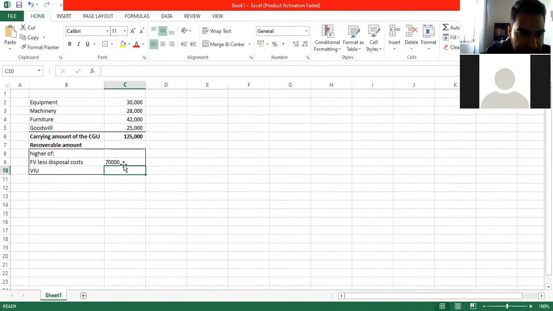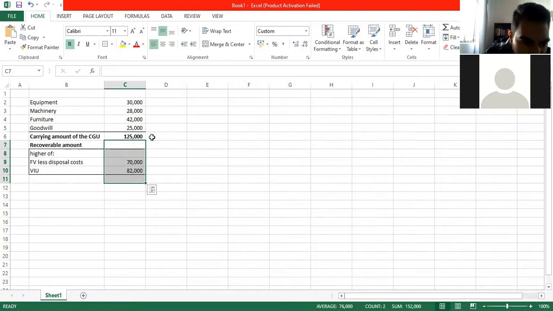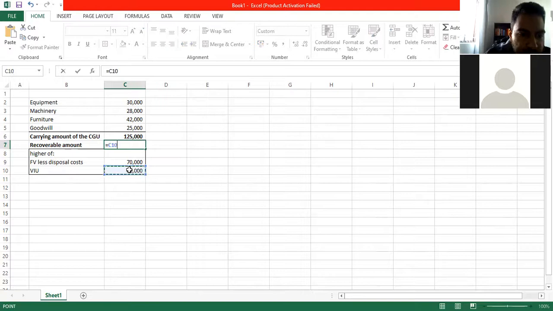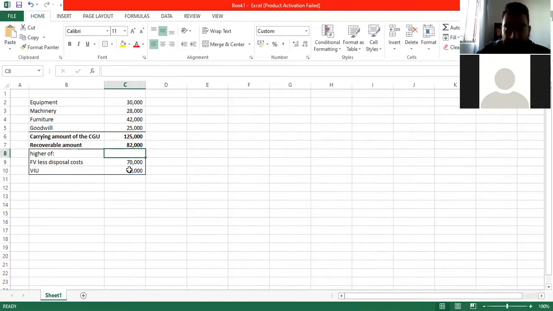The fair value was 70,000. Value in use was 82,000. So therefore, the recoverable amount is how much? It is the $82,000.